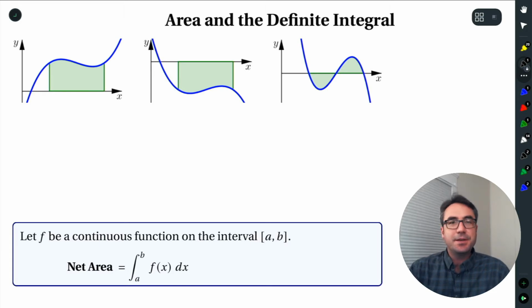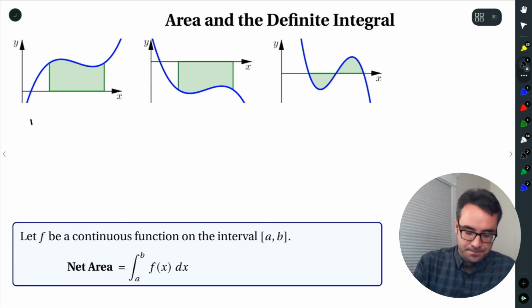All right, now let's start seeing what happens if the region that we're interested in goes below the x-axis. And how does it actually relate to our definite integral? So in this first graph here, the region is just fully above the x-axis. So this is what we've already seen.